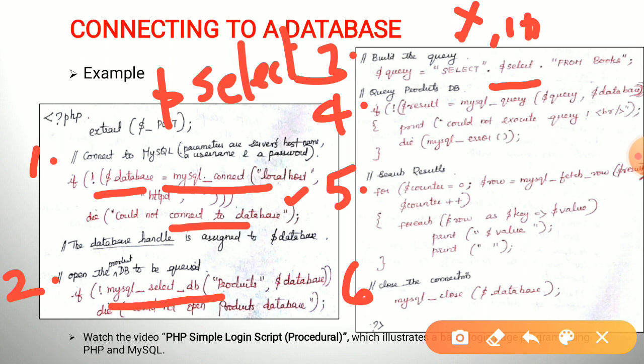Now the next step: we have built this query, and now this query has to be passed to the database using the mysql_query method. The parameters are the query we have created and the database handle. If successfully executed, we can fetch the result and display the results.